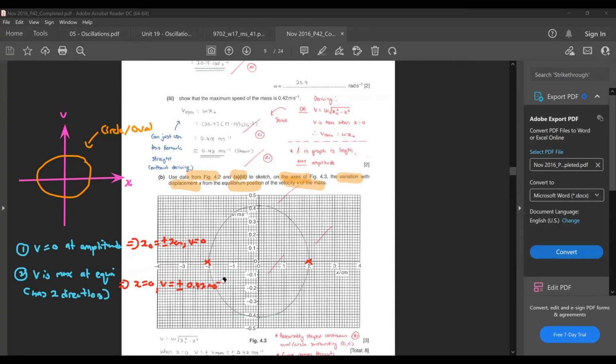Okay, meter per second, not meter per second square, which will be this one and this one. Okay, so just draw those 4 points, and then after that, it's a simple matter of just joining the points together. So you just plot the points and then join them together.